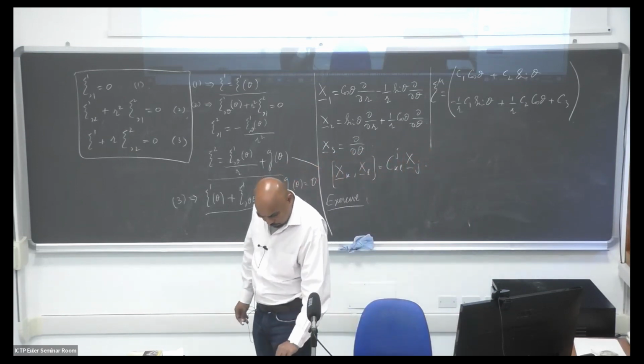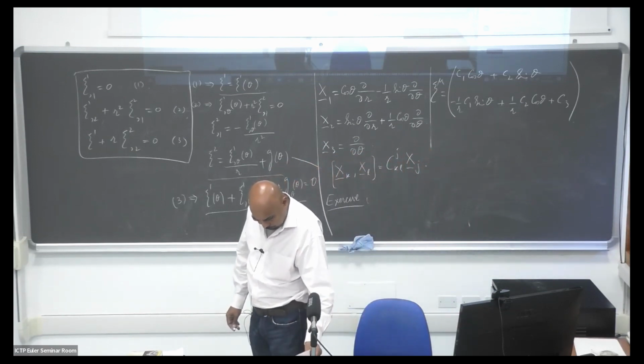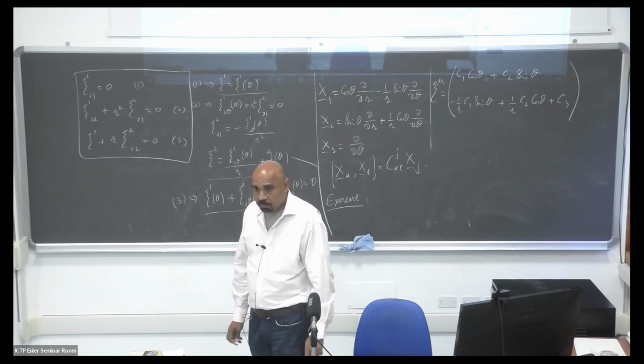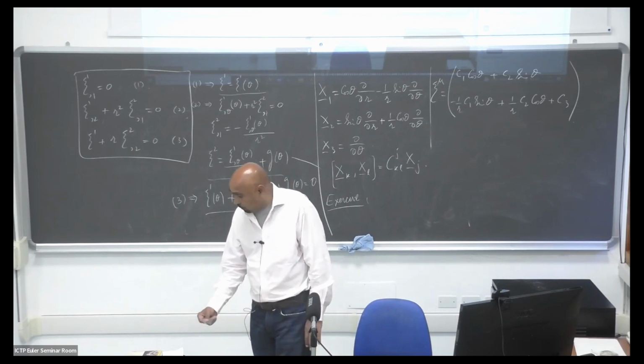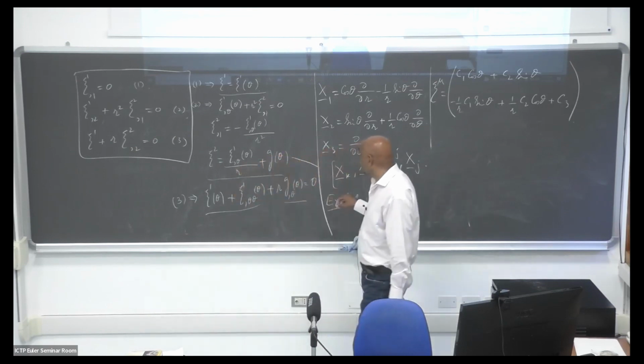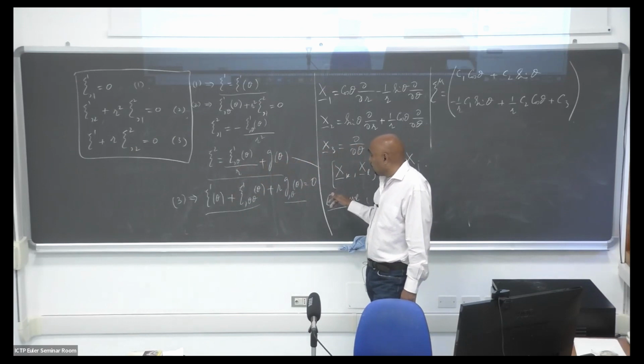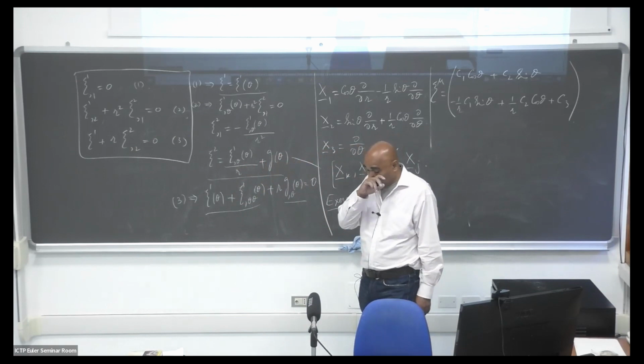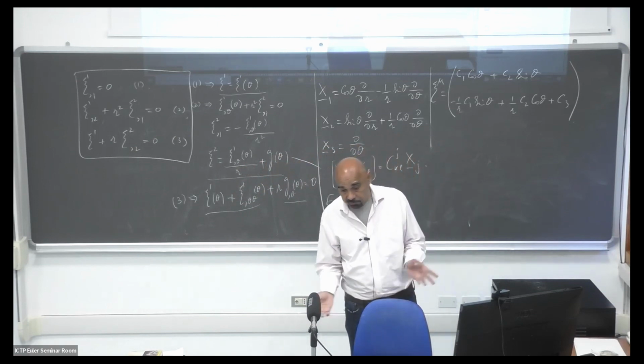Next, we would like to talk about Killing vectors in higher dimensional spaces, and then the symmetries of the other tensors, for example the Ricci tensor, the metric tensor, the Riemann tensor, and so on.